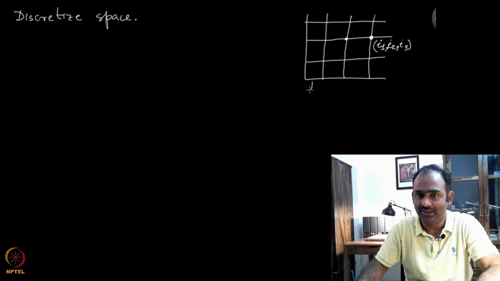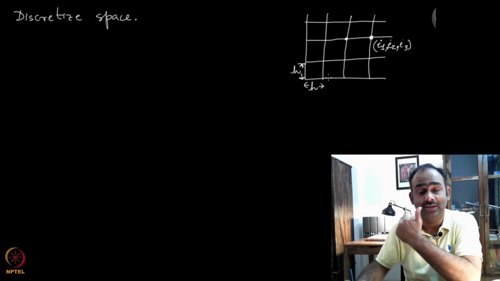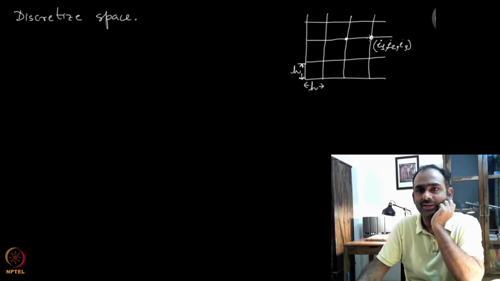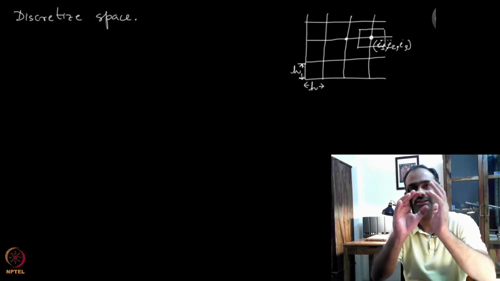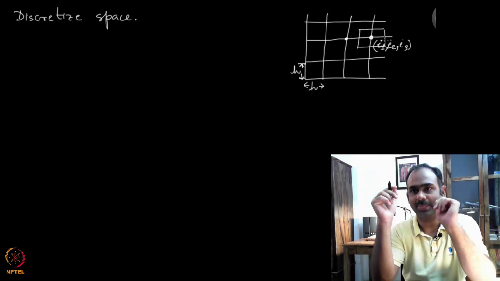Let me take the length of each of these to be h, in all the three directions. Then if I am looking at this point, I can think of a cube of side h around this point. So this point is in the center of the cube.